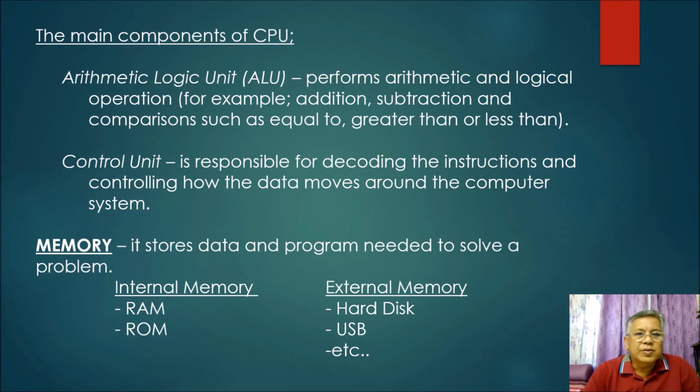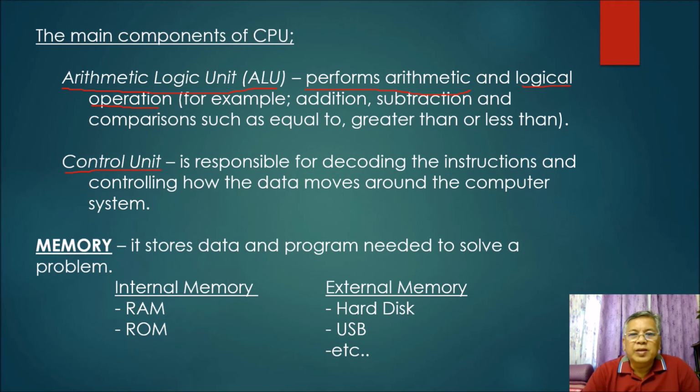Now, there are two main components of your central processing unit. One is the arithmetic logic unit or ALU, and the other one is your control unit. So what is basically the function of your ALU? ALU performs arithmetic and logical operations.